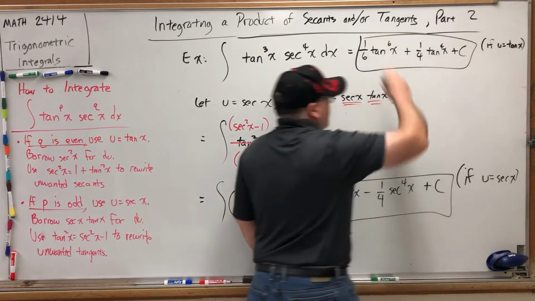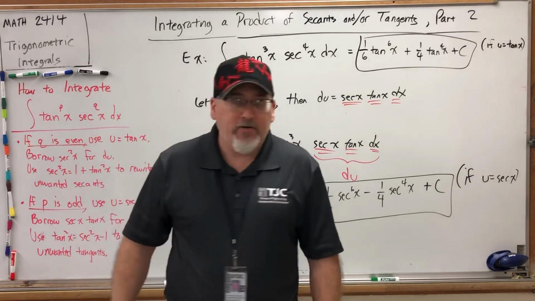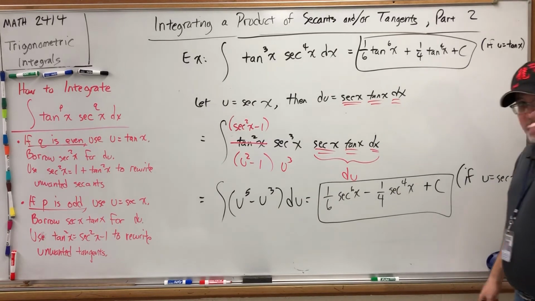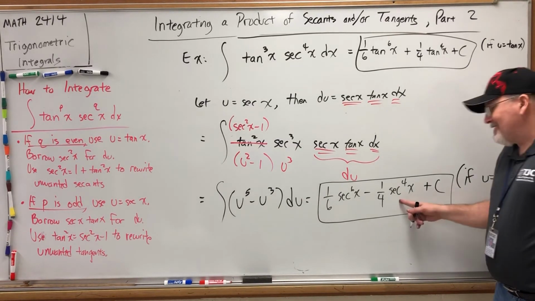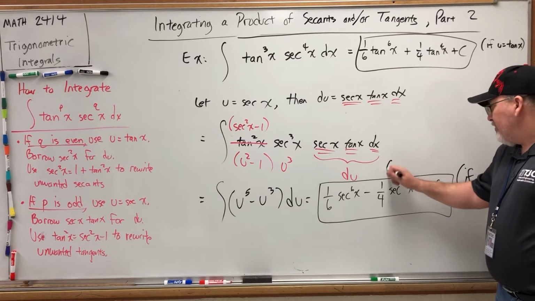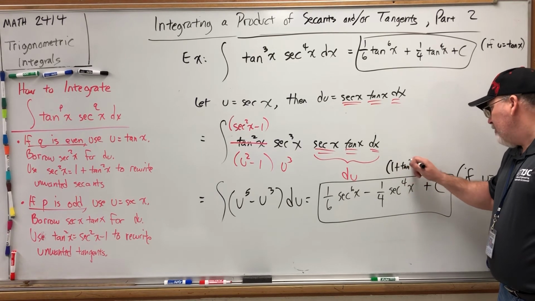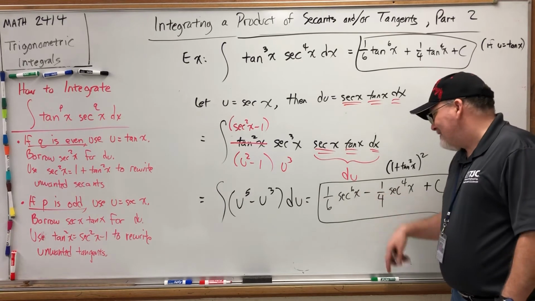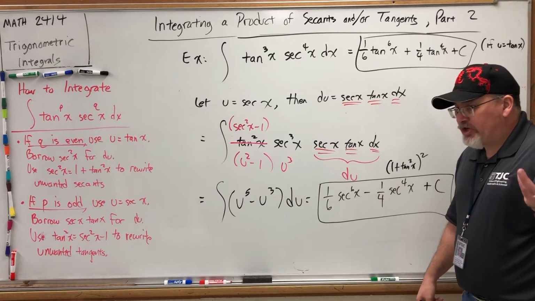Well, classic problem-solving strategy. Change what you don't want. I know that secant squared is 1 plus tangent squared. So I can write this as secant squared squared, change it to 1 plus tangent squared, get ready to bust that open. This is secant to the sixth, so I can write that as secant squared cubed.